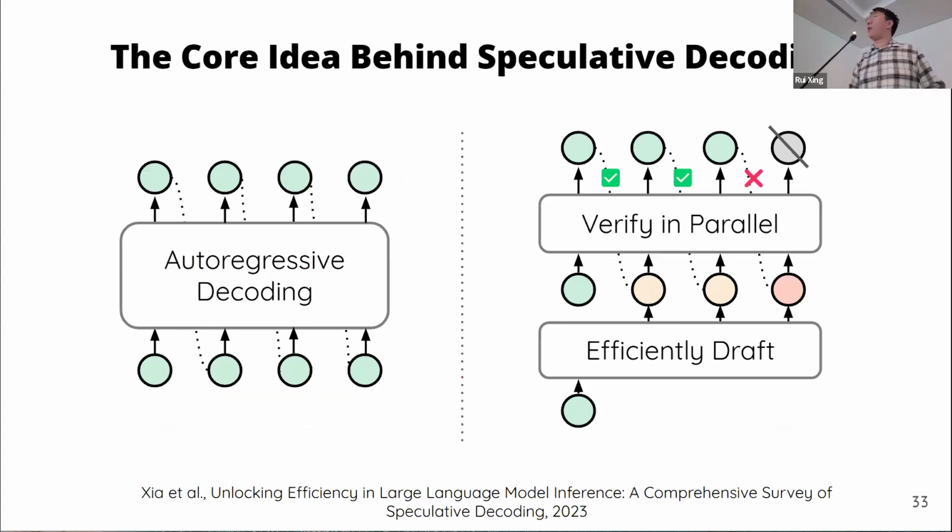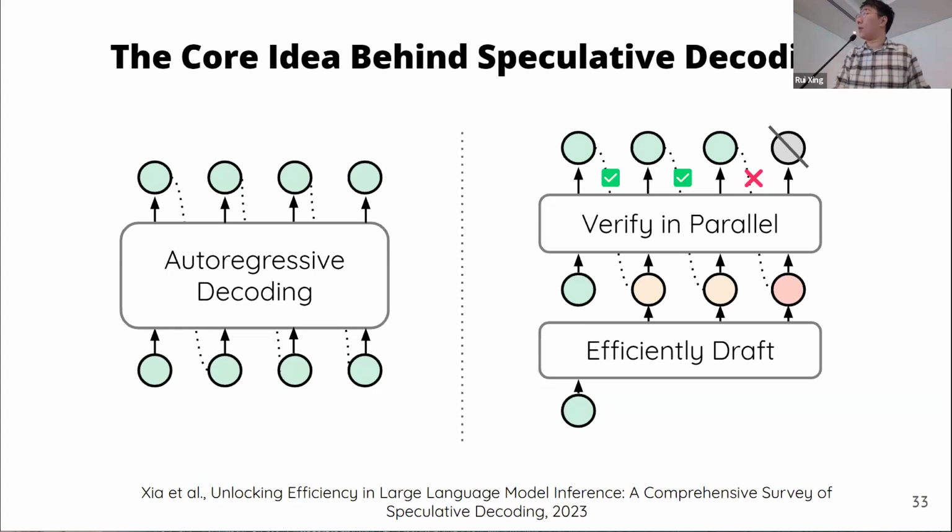So let's recap the core idea behind speculative decoding. On the left, you can see autoregressive decoding. At each step, the model decodes one token. On the right, first we leverage an efficient drafter to draft some tokens, then use the original model to verify in parallel.